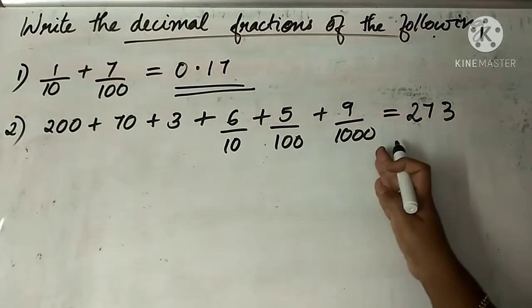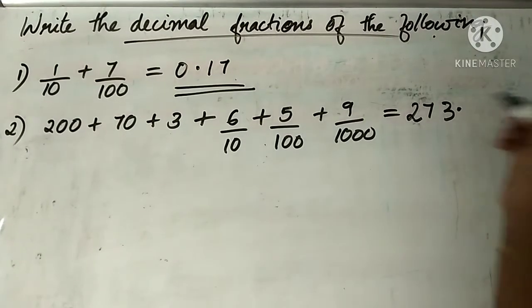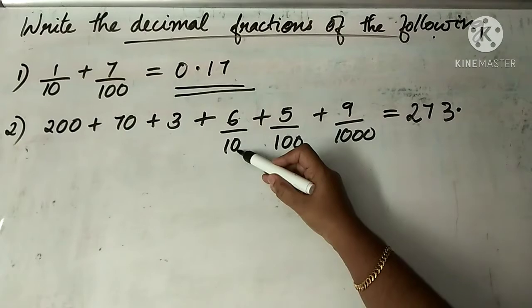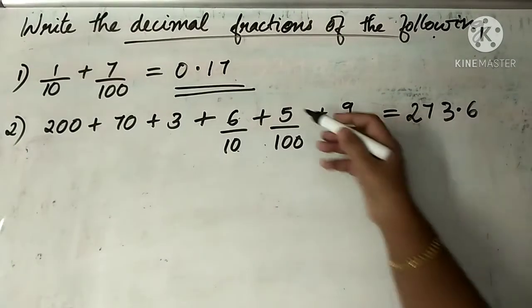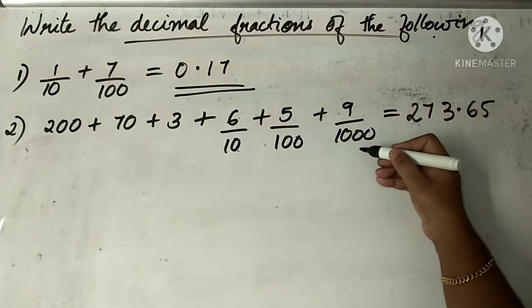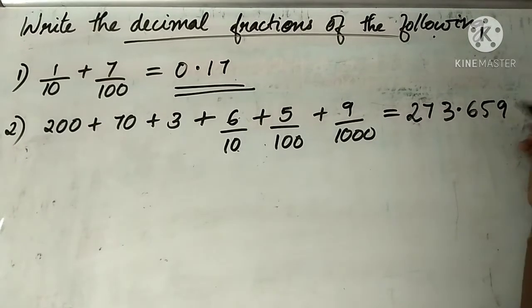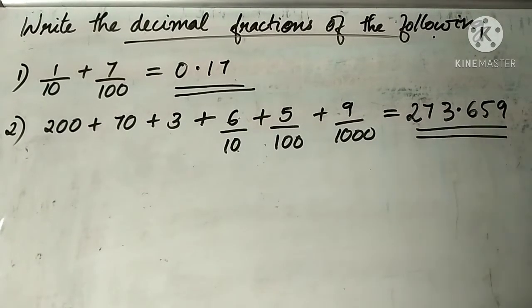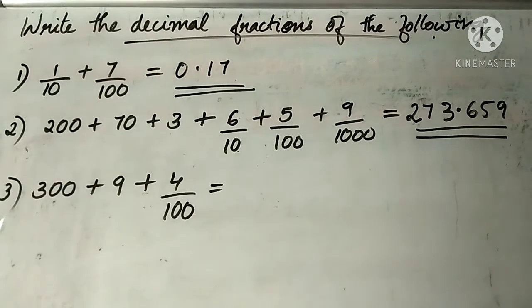Then comes the decimal part, so we put the decimal point. 6 in the 10th place, 5 in the 100th place, 9 in the 1000th place. So the answer is 273.659.